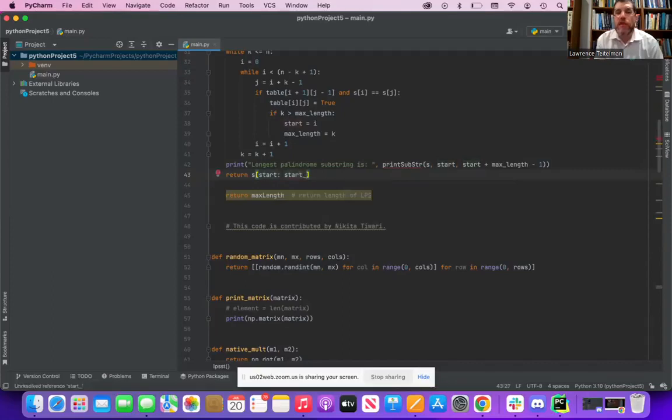So exactly what you see in the previous line. Okay, no, it doesn't say start length. Start plus max length plus 1 minus 1. Okay, and now you can get rid of line 42. And you can get rid of line 45.